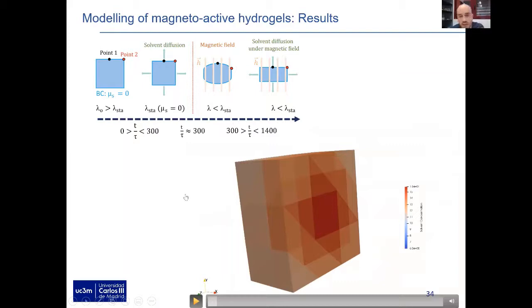First of all, I'm sorry because I didn't realize I included here one example with a coarse mesh, okay? But actually we can see all the different dynamics in the process. What we are plotting here is the solvent concentration. Let's say we take one initial magneto-active hydrogel with a given concentration, and we put it into a given solvent media.